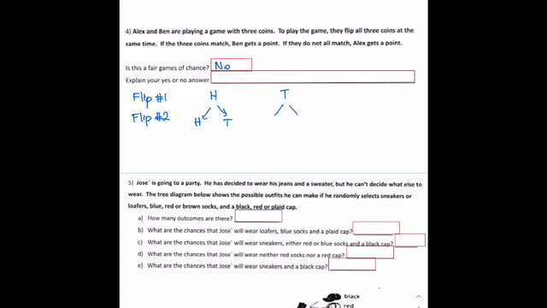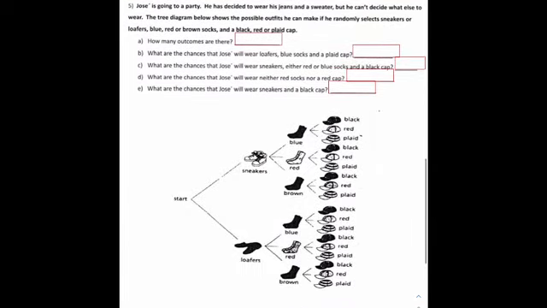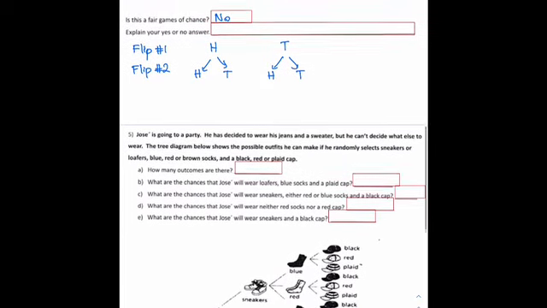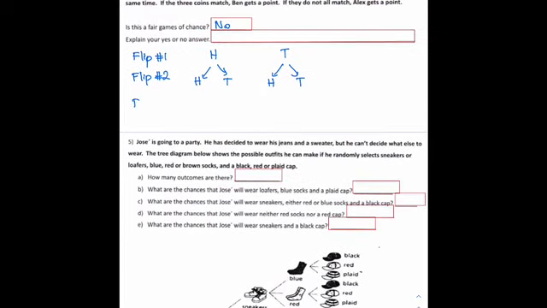If you had tails first, the second one will be heads or tails again. And then the last flip, for the third coin, you will have heads or tails, again.